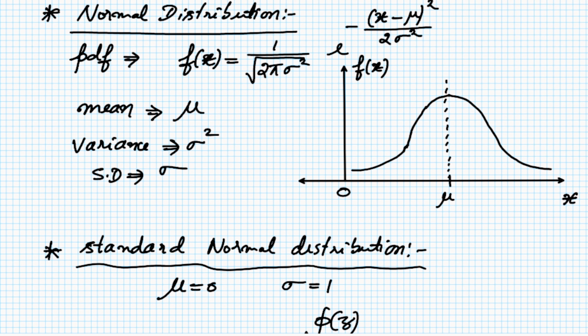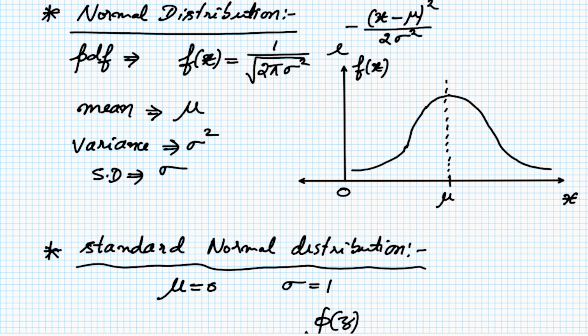All right, now let's have a quick recap of the normal distribution, because today our major discussion will be on the normal distribution itself. As you can see, the normal distribution has a specific equation given in the format f of x, which calculates the probability density function of any variable that follows the normal distribution.